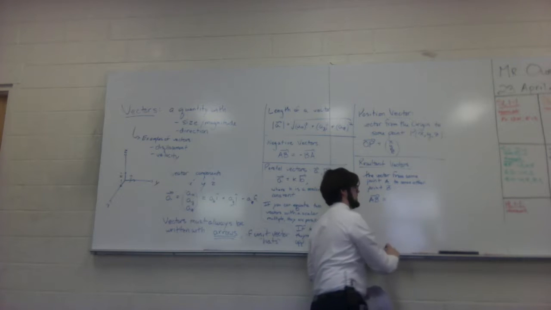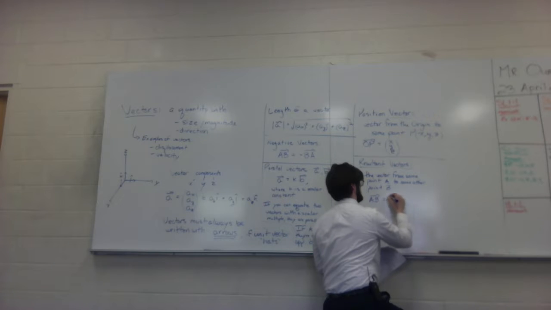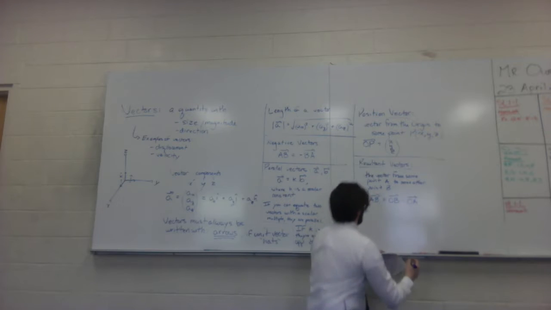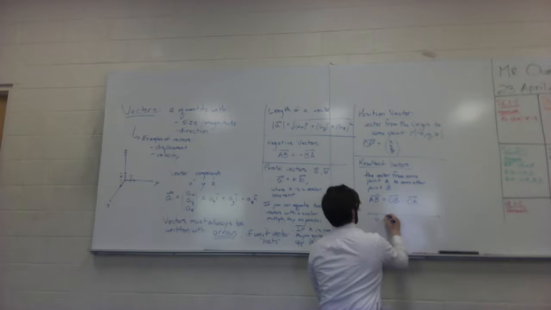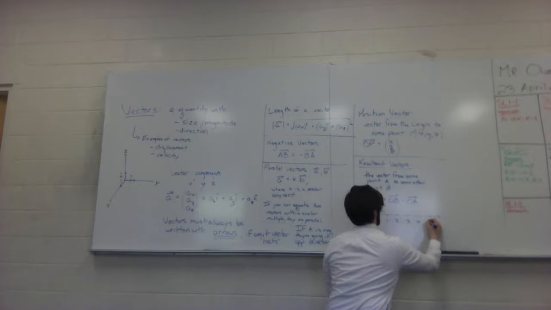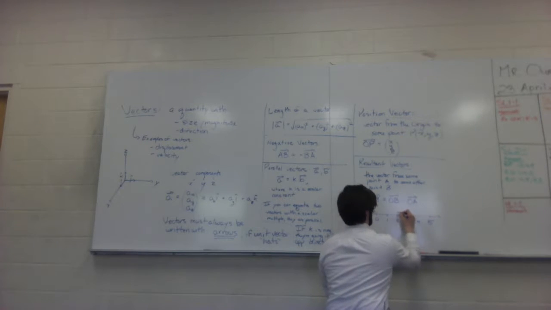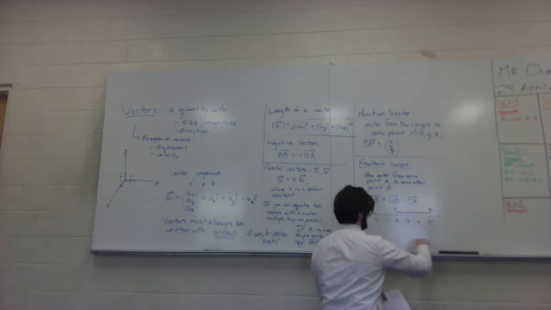And what did we say vector AB is? OB minus OA. Good. So why is it B minus A, not A minus B? Good question. Whenever we're trying to find the length of something, let's say 0, 1, 2, 3, 4, 5, and I draw a line from 2 to 5, the distance is 3.